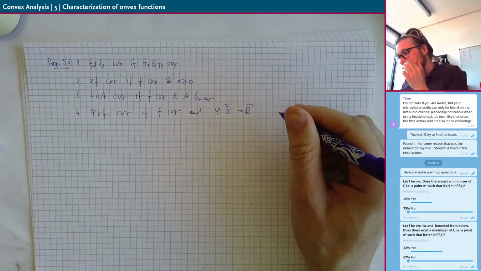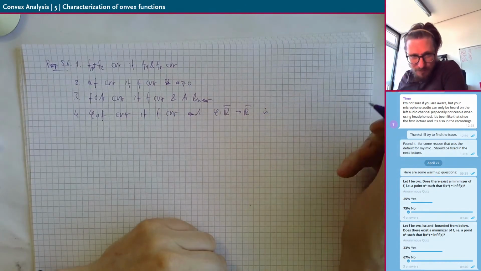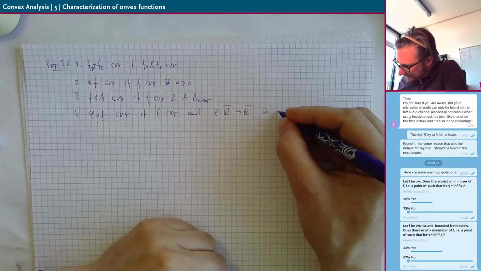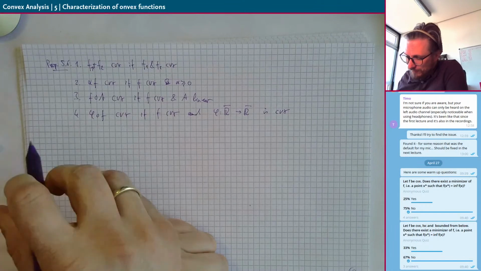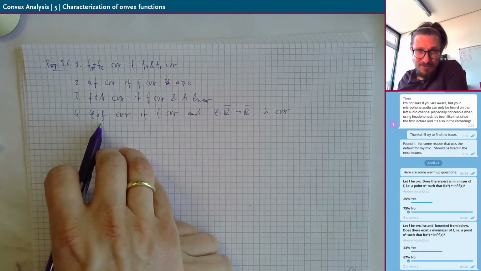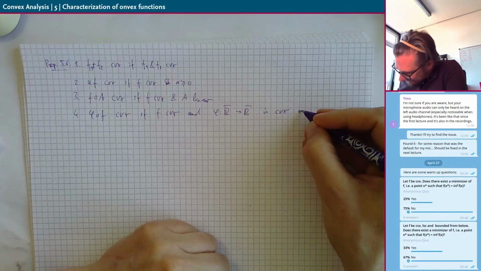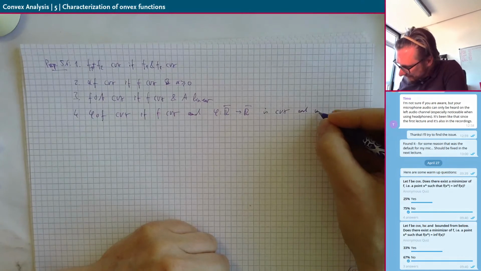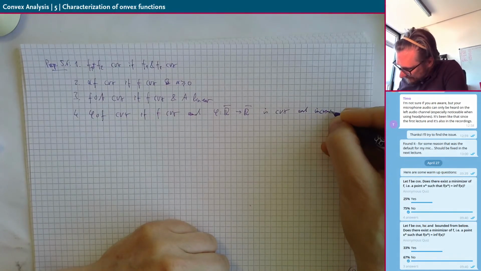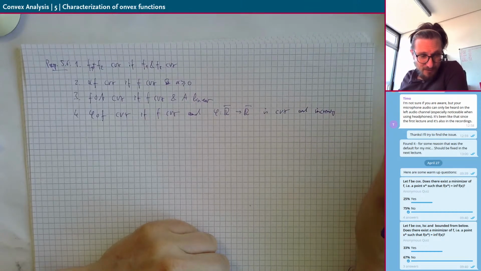So what are now the conditions on phi? Not surprising maybe is that you need convexity of phi, but that's not enough. So convex composition is not always convex because we need something more, we need increasing. But that's not enough. Convex and increasing.